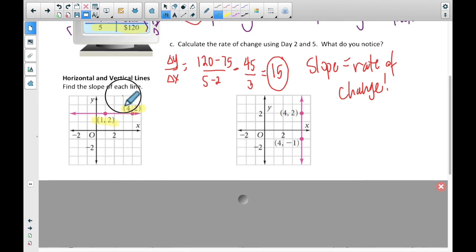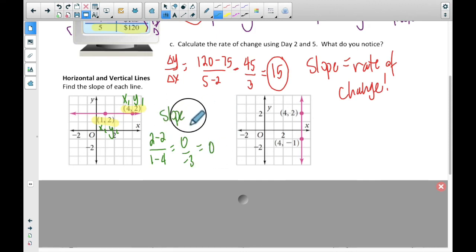Once again, I can call this x sub 1, y sub 1, x sub 2, y sub 2. And so if I do my subtraction, I'm going to take 2 minus 2 over 1 minus 4. And that's going to be 0 over negative 3. What does 0 over negative 3 reduce to? It reduces down to 0. So the slope here is 0.